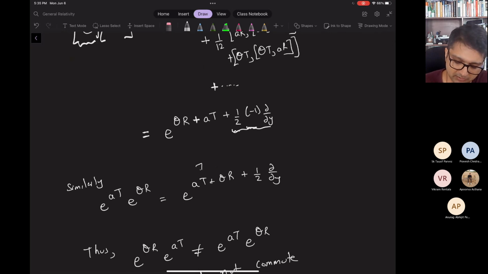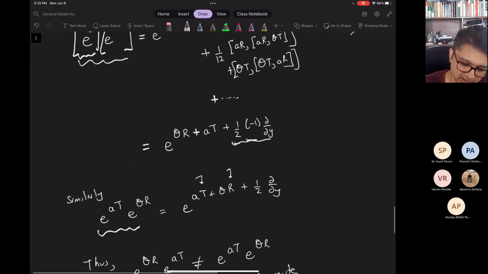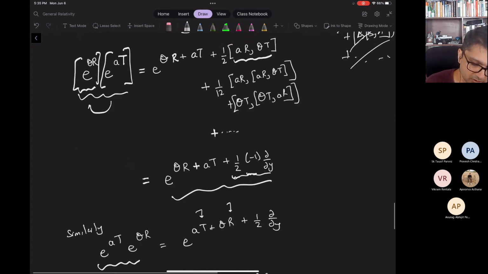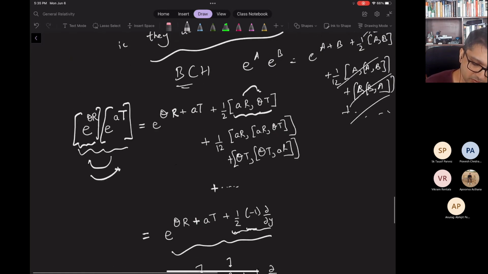So this t, remember, is a derivative operator. This r is also some derivative operator. So this product, e to the theta r, e to the a t, is some operation like this. And if I change the order of these two, then I change the order of these two.